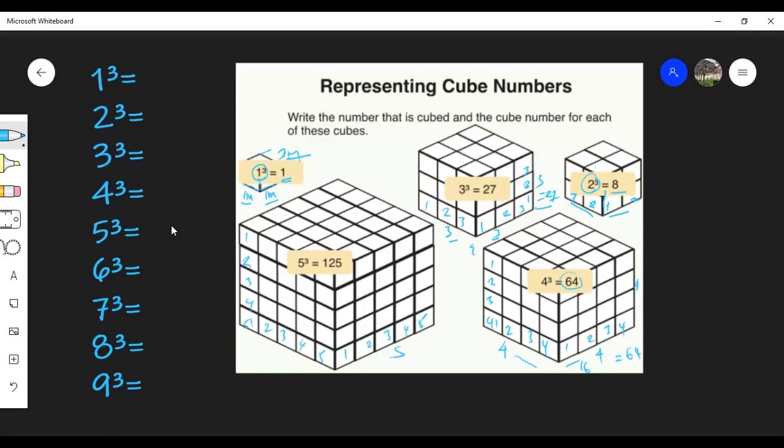So here you have 5, here you have 5, and the height you also have 5. So if you want to get the cube of this, that means you multiply this one by this, which gives you 25, and then you multiply that by 5, which is the height, and that gives you 125, which you have here as the answer. So 5 cubed gives you 125.